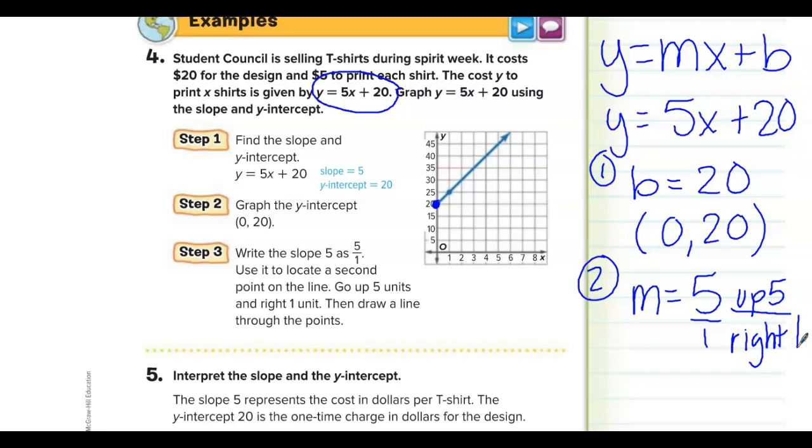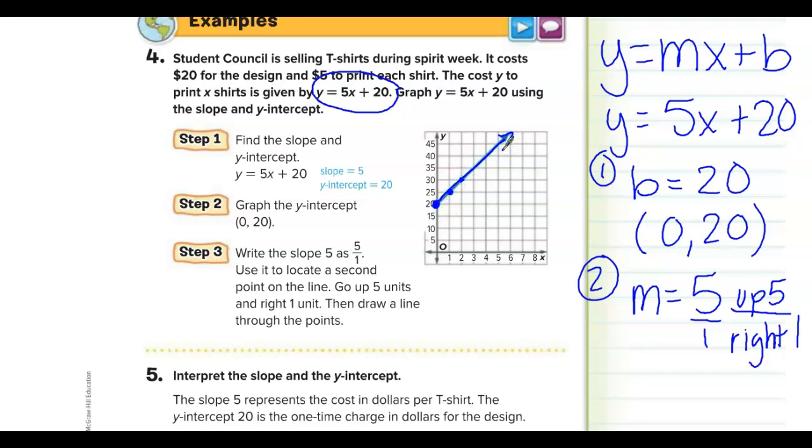But since the y-axis goes up by 5, I go up 1 square, and my x, I still go over 1, because my x's go by 1. So then I could do that again, rise 5, run 1, and then I connect my dot.